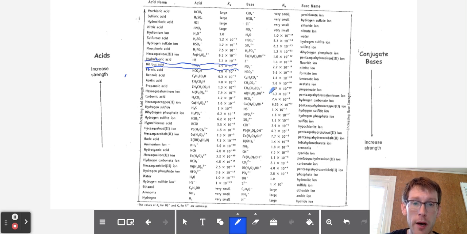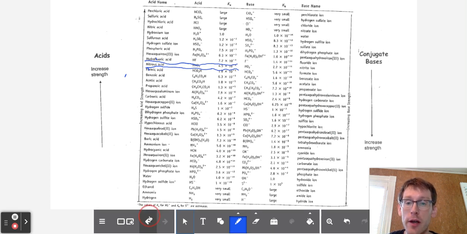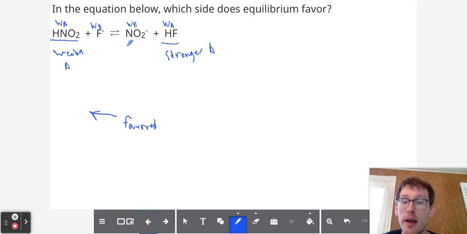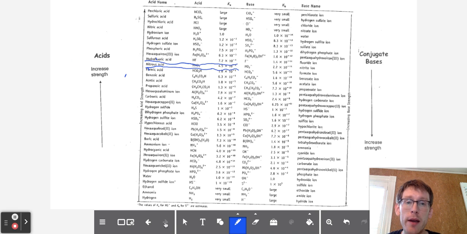Remember, lower on the base side is stronger. So we could actually say that this is a stronger base, and this is a weaker base, the F minus. So I didn't have to go there, but you can see you could either look at a comparison of the acids on each side or the bases on each side, and either way, you would get your answer.